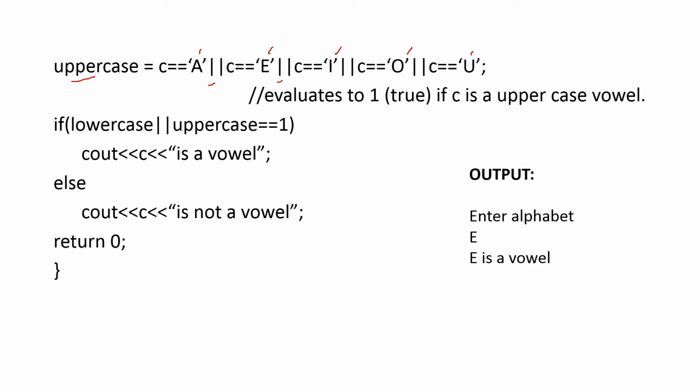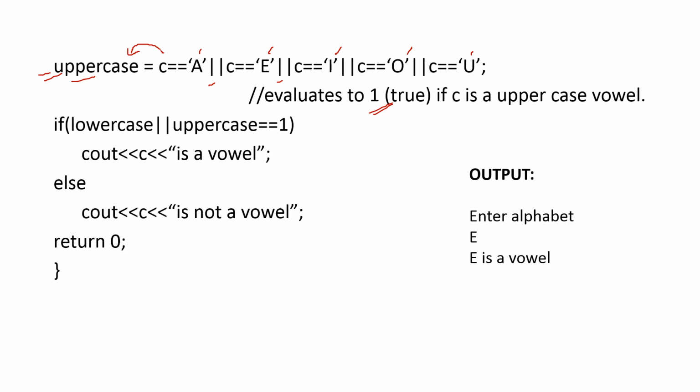So if any one of the conditions is true, then the answer will be true and 1 will be displayed. 1 will be the answer, and that 1 will be stored in uppercase.